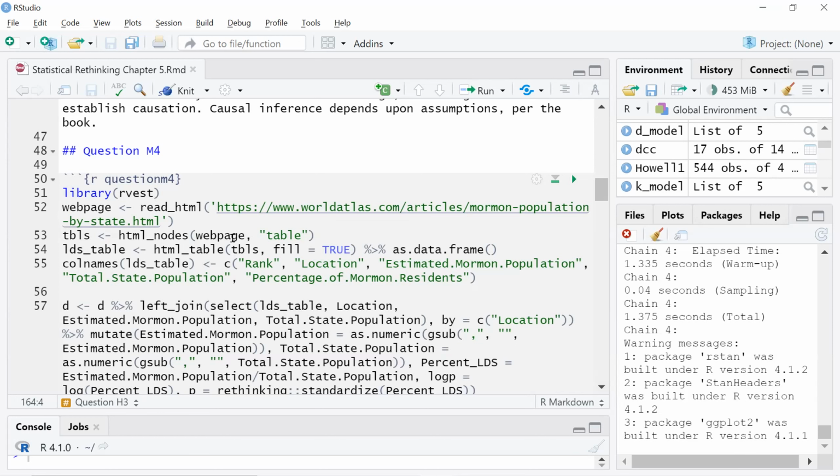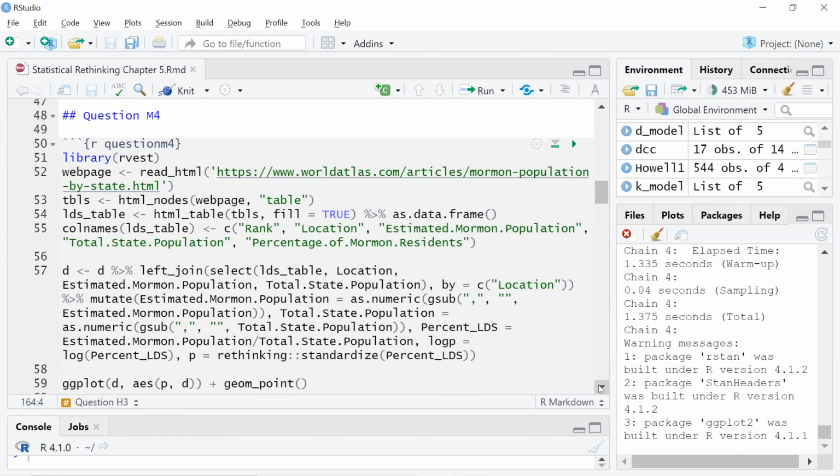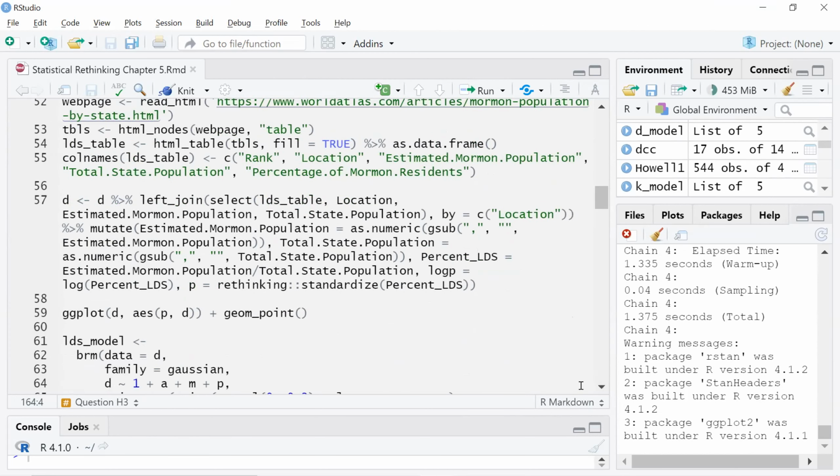So basically what I did here, I just included this since if anybody is interested in doing it themselves, I literally Googled LDS population by state, found this handy little website, just a very easy web scraping with a table. It had what I could use to calculate, did a left join, everything worked out okay.